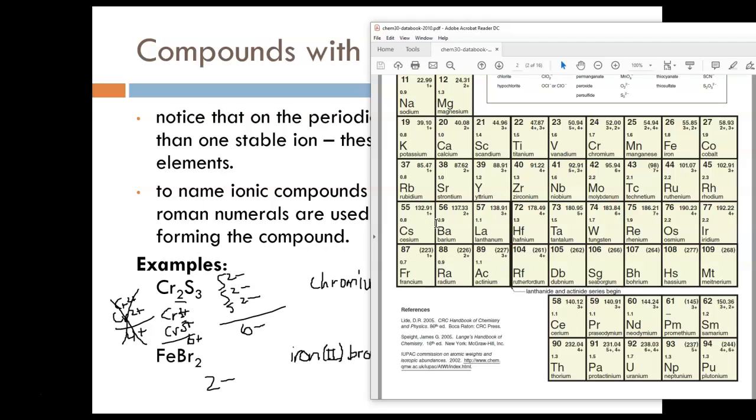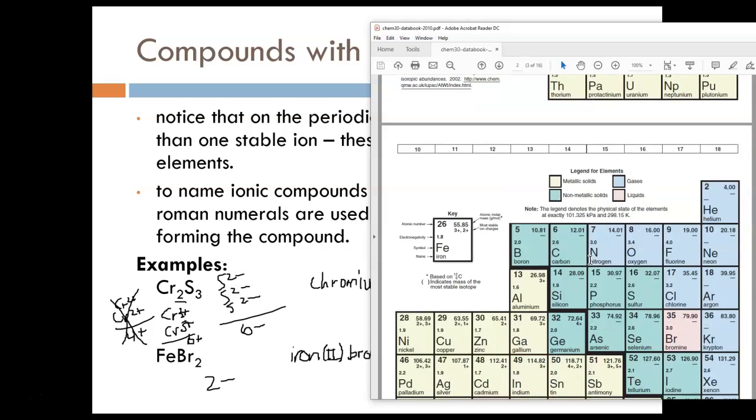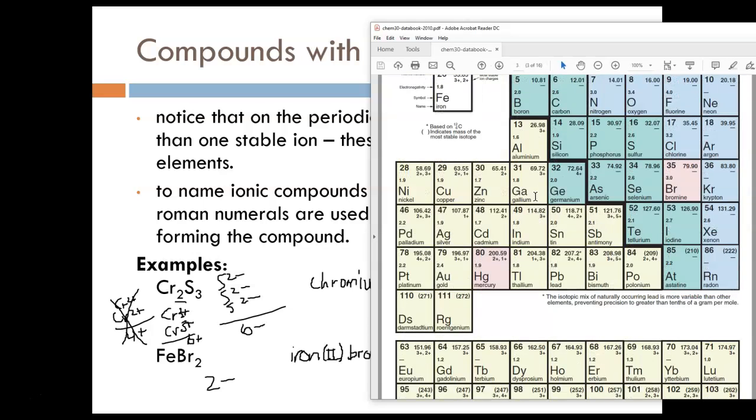You do not use Roman numerals for them. There's no need to use them because we don't need to communicate that there's a different version. So it will still be potassium chloride, no Roman numeral. But when we have something that is multivalent, like many of these ones in here, and further on onto this page, you're going to need to use those Roman numerals, but only when it is multivalent. So I hope that makes sense.